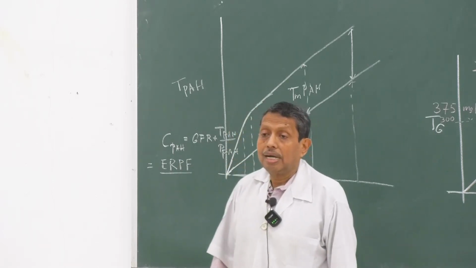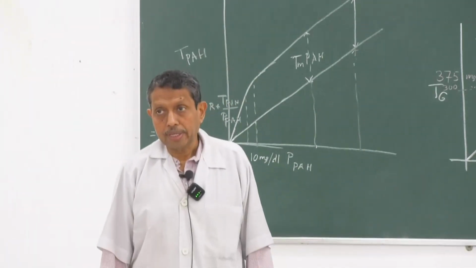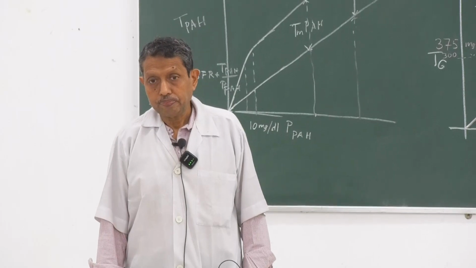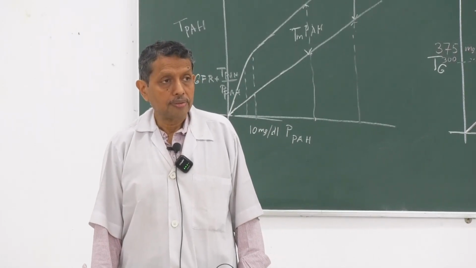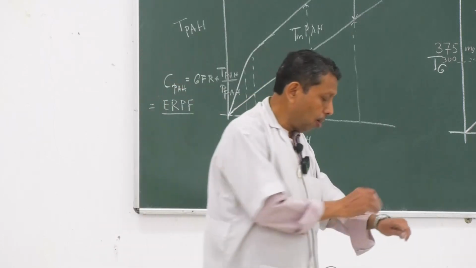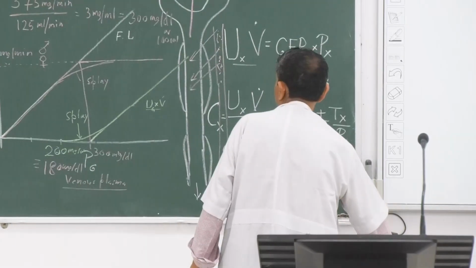and it will try to reach the GFR value. Plasma inulin concentration, clearance concentration. And when you draw the clearance concentration, there is a clearance curve.